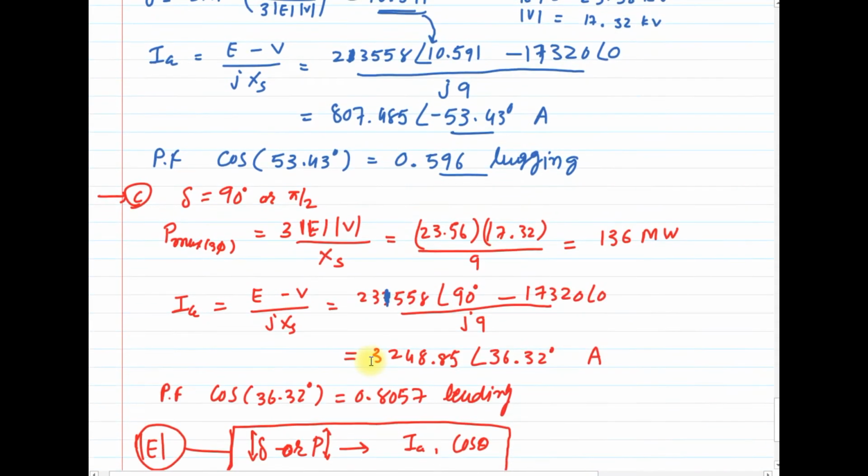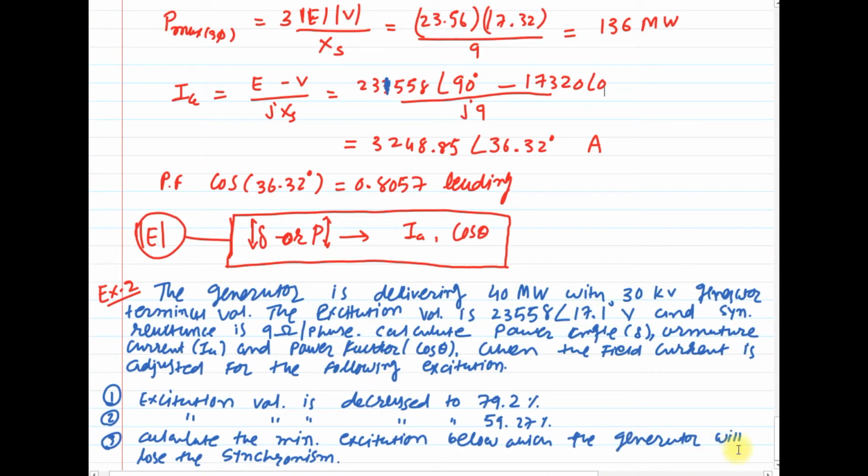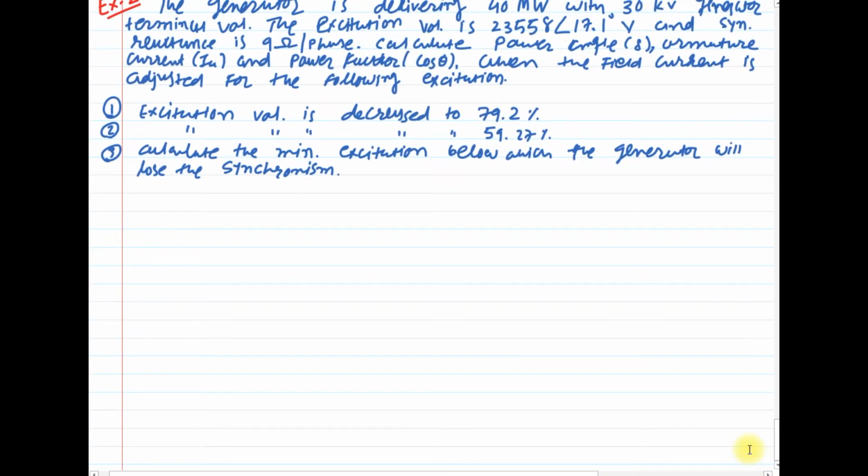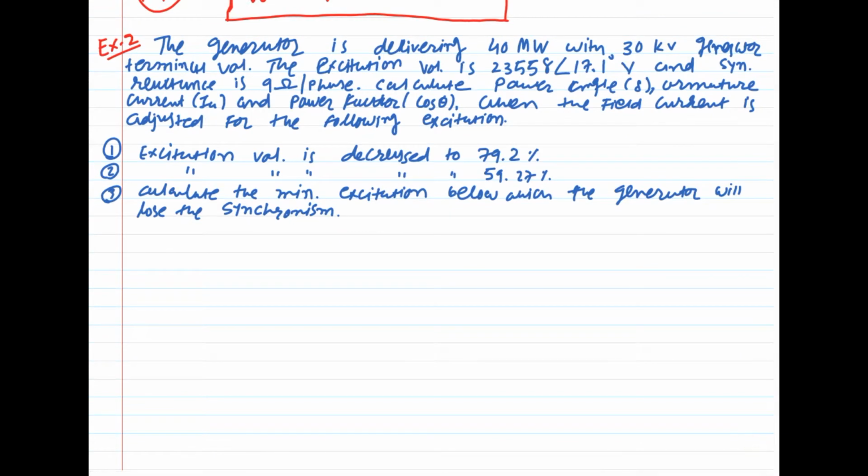Clear? So just consider this case and let's calculate a second example where it is given that a generator is delivering 40 megawatt. Almost the same generator is considered which we have considered in our previous example.